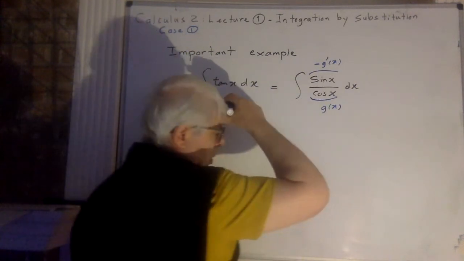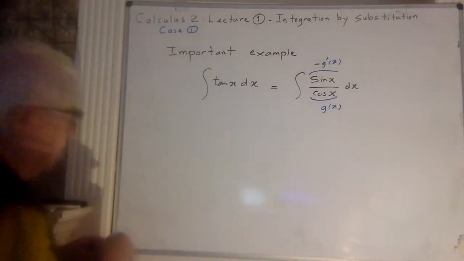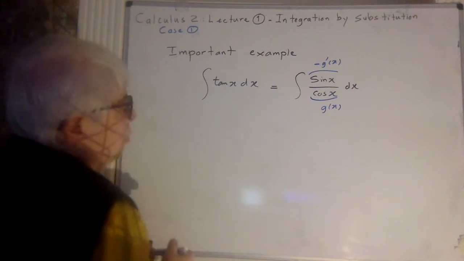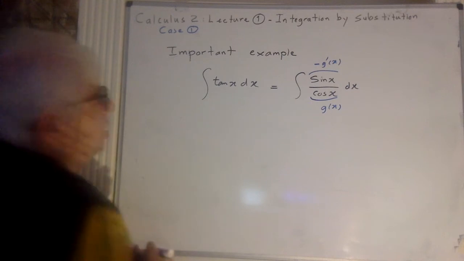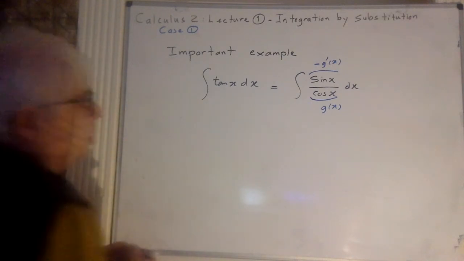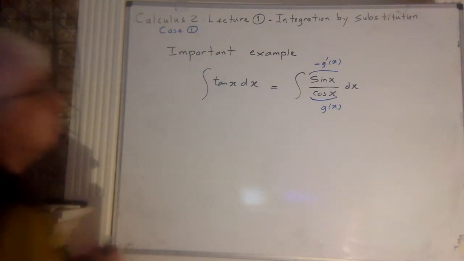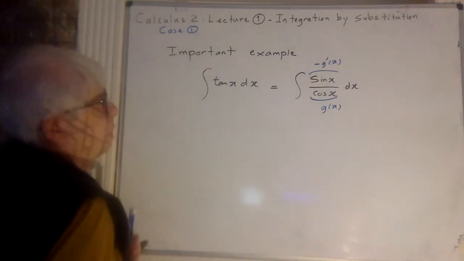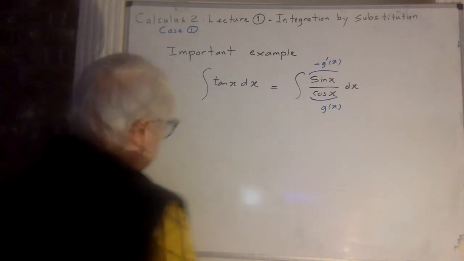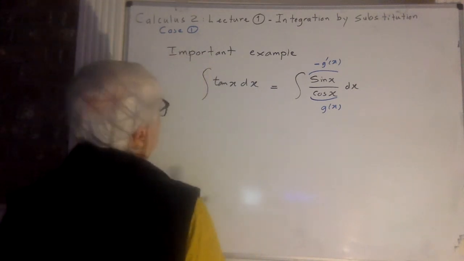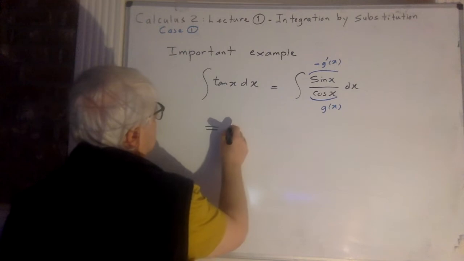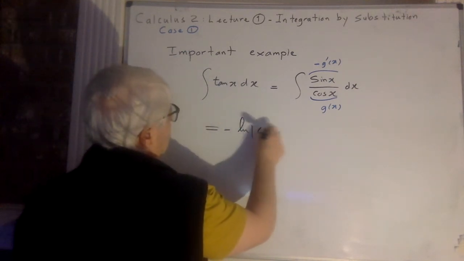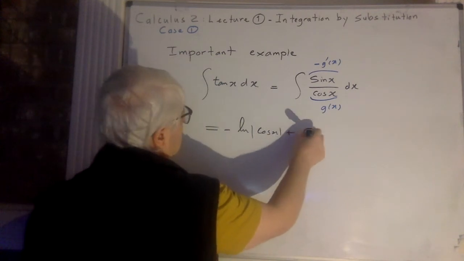and this is minus g prime x. Right? So that is g x, and remember the derivative of cosine is minus sine x. So sine x is minus the derivative of cosine x. So this minus is like minus 1, so that's in fact that constant a. So by that special case, I have minus, the minus comes out, ln of absolute value of cosine x plus constant.